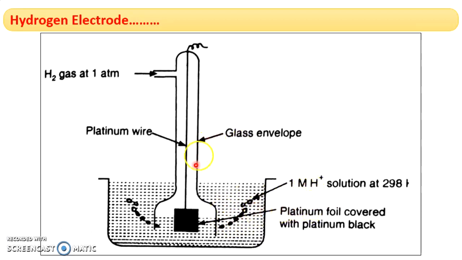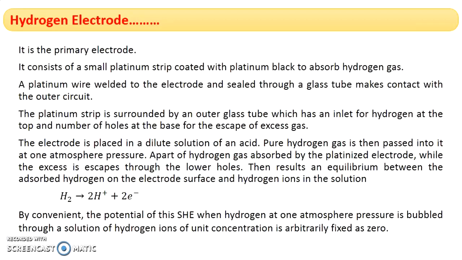By maintaining these conditions, we use this hydrogen electrode as a standard hydrogen electrode, simply called SHE. The SHE electrode potential is taken as 0. This is the primary reference electrode, and its electrode potential is fixed to 0. It can be connected to other indicator electrodes, by which we can find out the electrode potential of the other electrode.